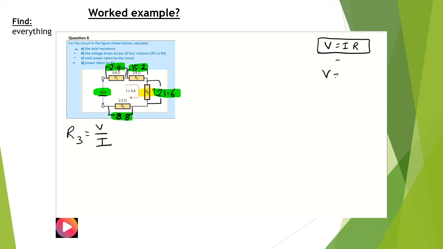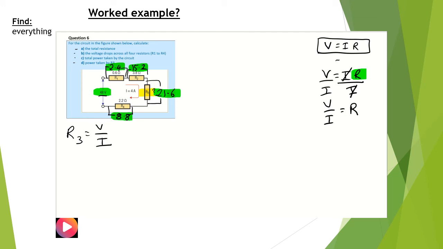So V is equal to IR. I am trying to find R. I want R to be the answer. So I divide both sides by I. These cancel out. V on I equals R.